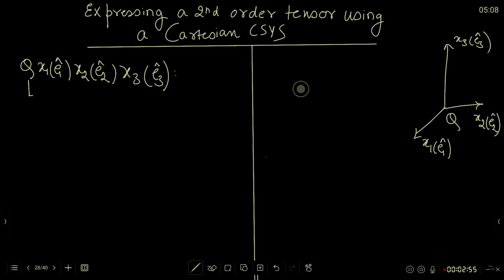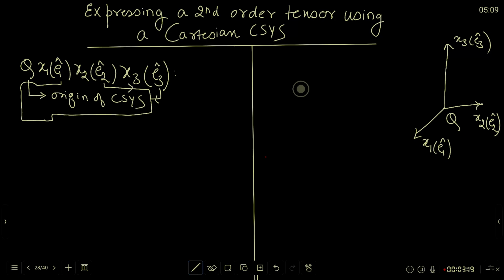I have said earlier that if I write or describe a coordinate system like this, the first letter here is the origin of the coordinate system, and then these three are the basis unit vectors, right?